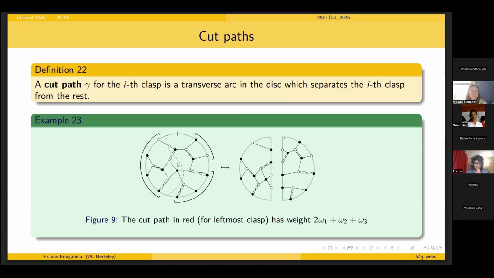But if I start with a clasped web, I could consider any path in here that separates a clasp from the others. So here I'm separating this leftmost clasp from the other two. And I could sort of cut my graph along this red dotted line. And this gives me 2 different webs. So again, I should think of the picture on the right as 2 different webs that if I glue together, I get the thing on the left.